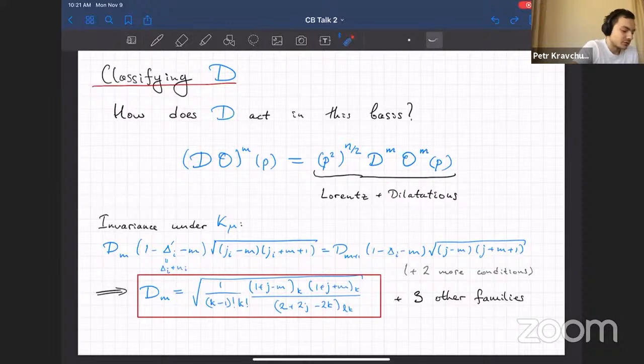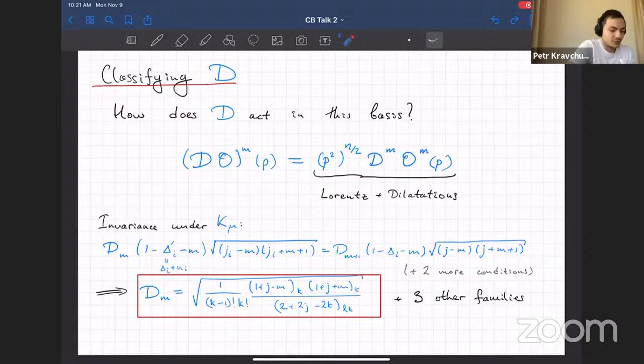So after acting with the differential operator, we should get the same operator with the same momentum. The Lorentz symmetry also fixes the spin projection to be the same, and the dilatation symmetry fixes the power of p. The only non-trivial thing is that there can be some m-dependent coefficient D_m.